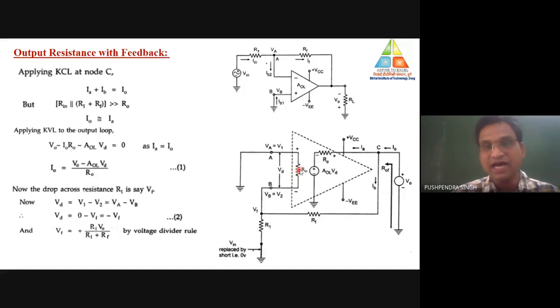What is the value of Rin? Rin is infinite. So a very high value of resistance is connected in this part. If the value of resistance is maximum, the current will not flow. When the input resistance is infinite, the current is approximately equal to 0.